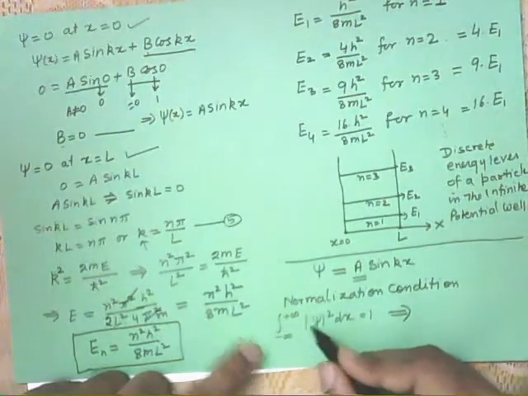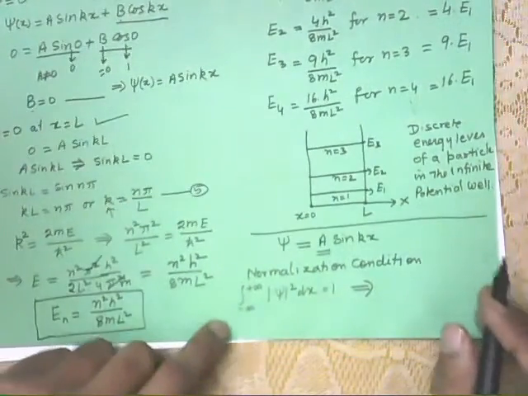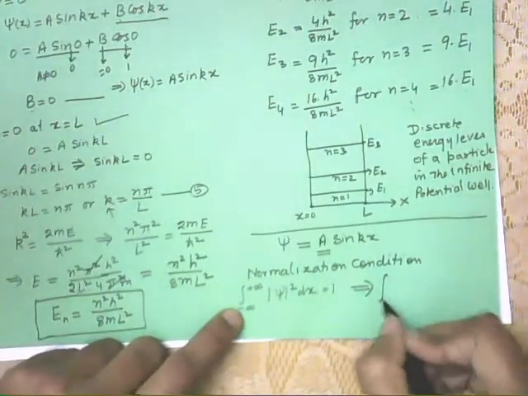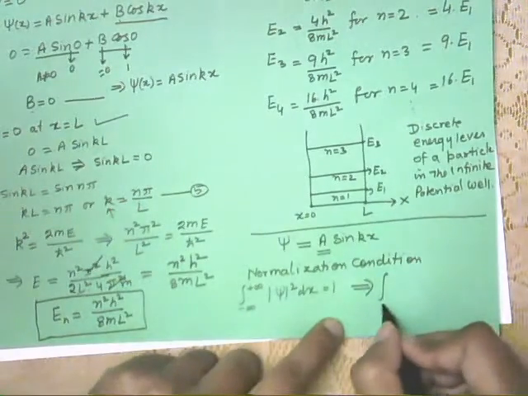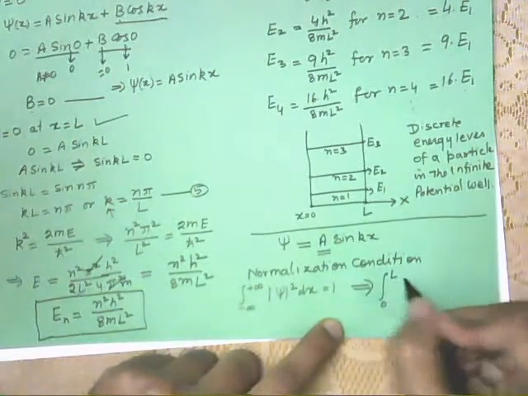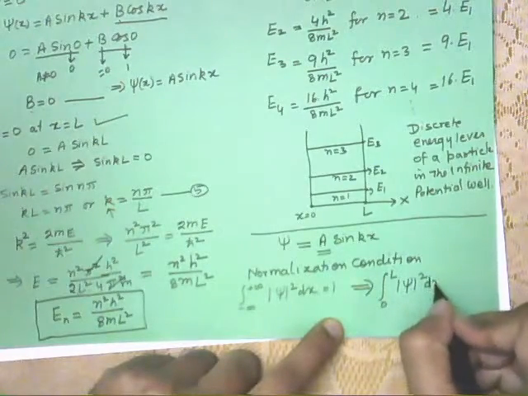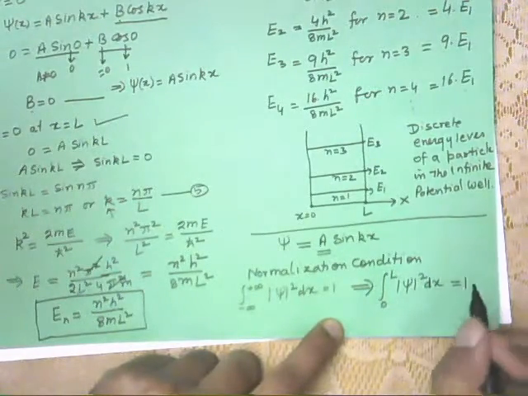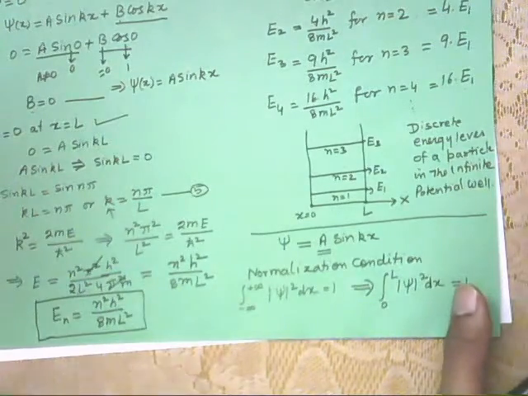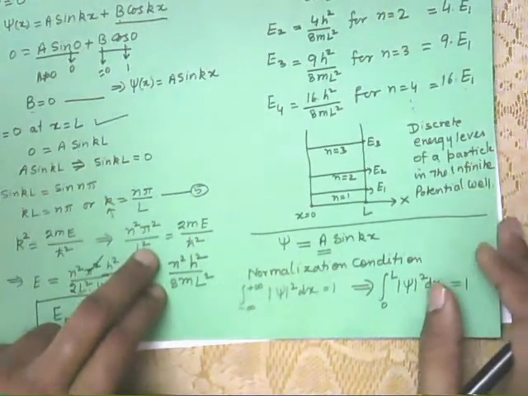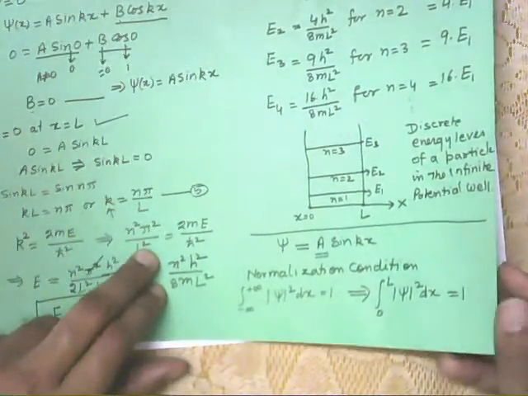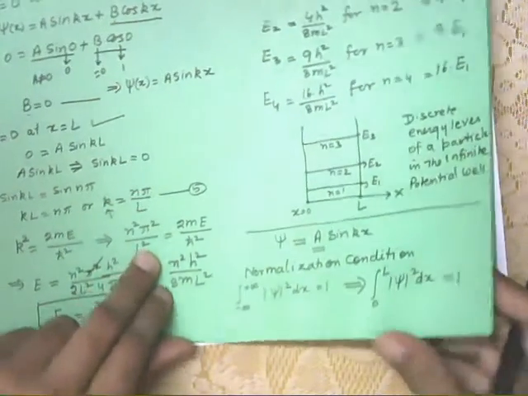The limits in our case are x is equal to 0 to L, the integral of mod psi square dx is equal to 1. Now using the boundary condition of our problem, we can write this formula in this way.